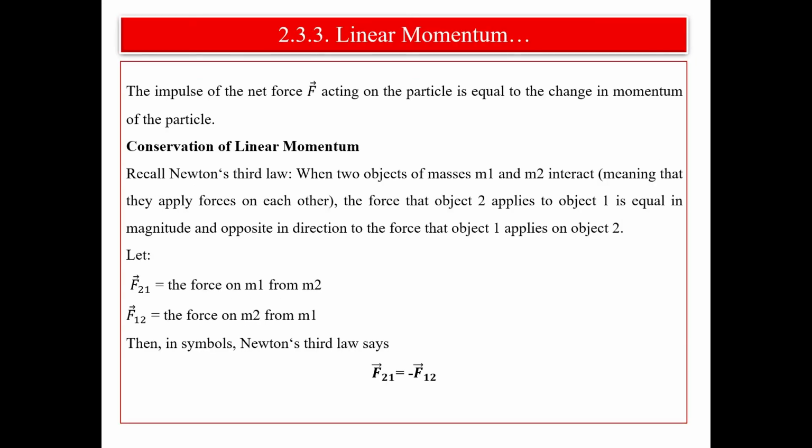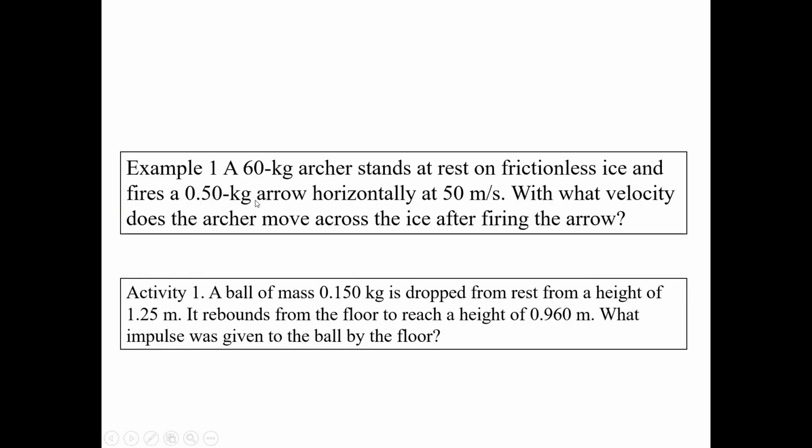It says that a 60 kilogram archer stands at rest on frictionless ice and fires a 0.5 kg arrow horizontally at 50 meters per second. With what velocity does the archer move across the ice after firing the arrow?